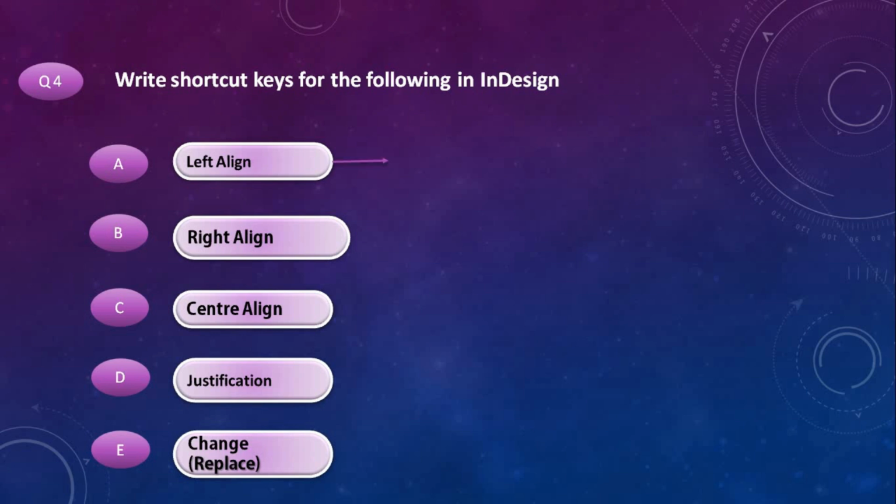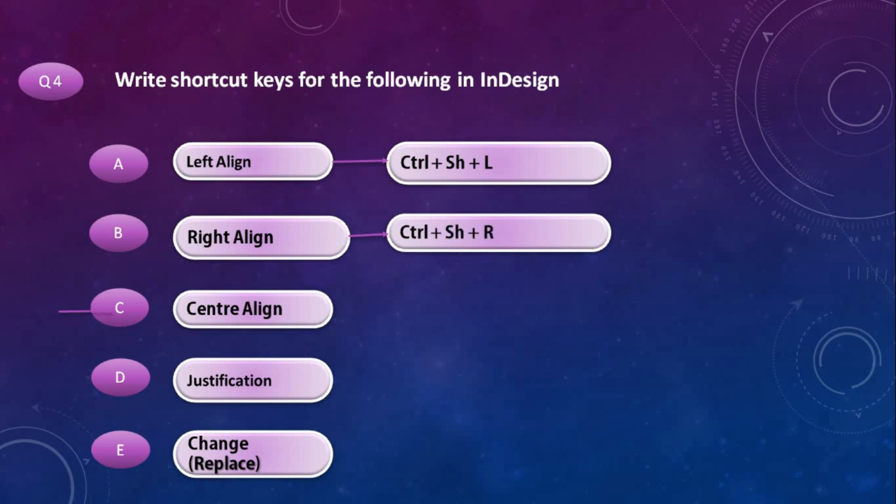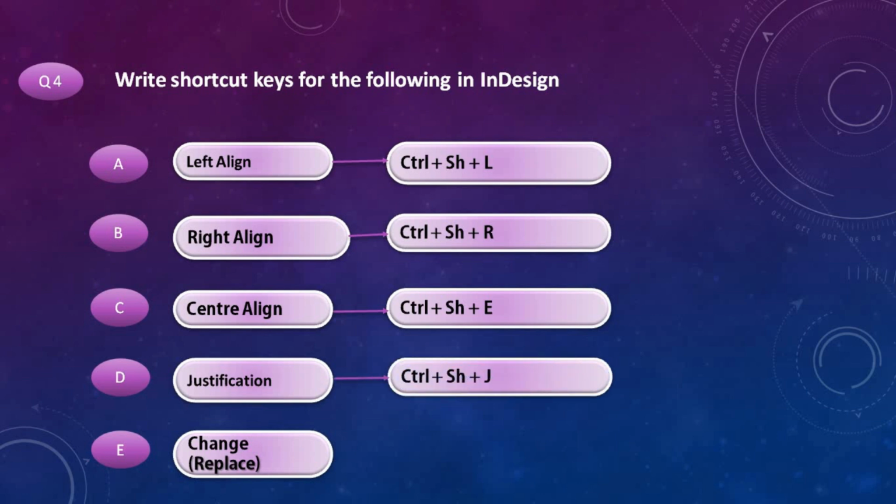The shortcut key for left align is Ctrl-Shift-L, and for right align is Ctrl-Shift-R. For center, it is Ctrl-Shift-E. For justification, we use Ctrl-Shift-J, and for change to, we use Ctrl-F.